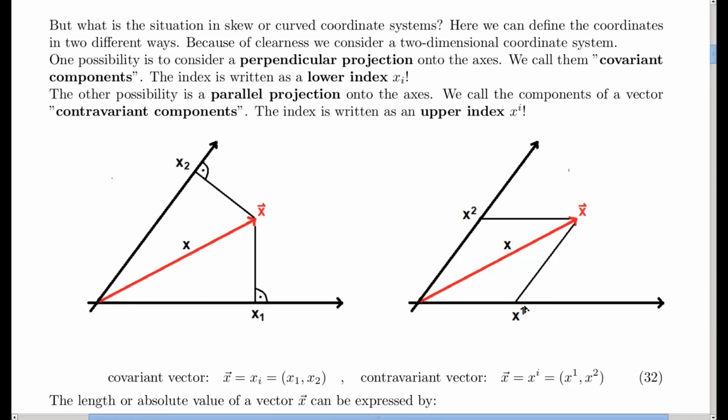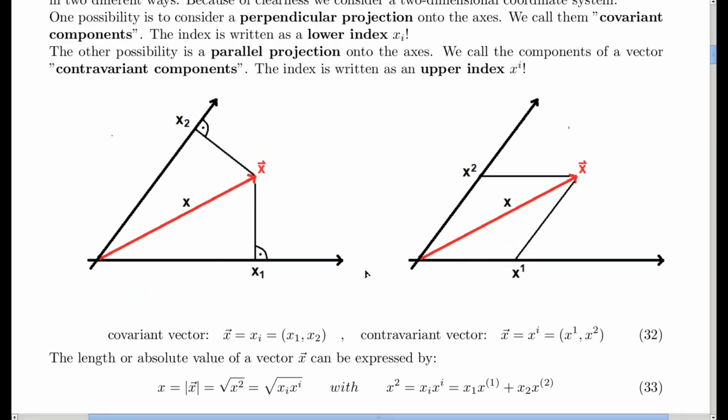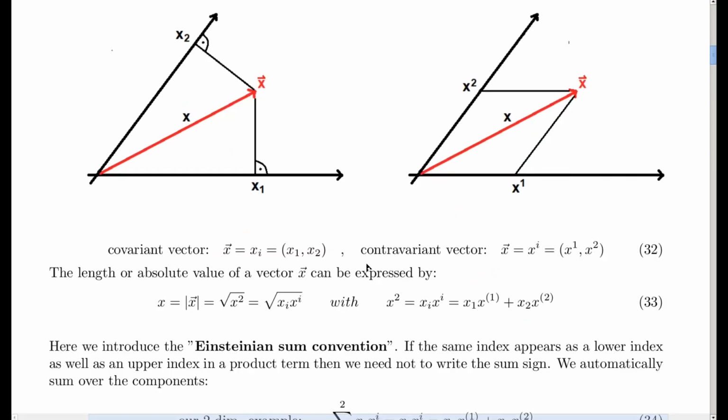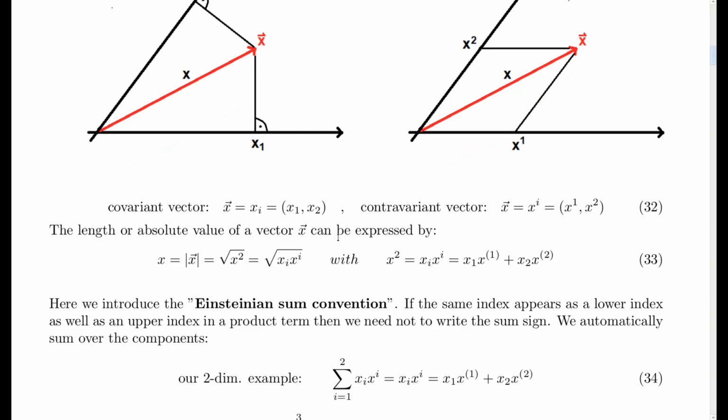If we have this projection parallel, then we write the indices as upper indices, and we call them contravariant components of a vector. So we can write a vector as a covariant and contravariant vector, depending on the kind of projection.